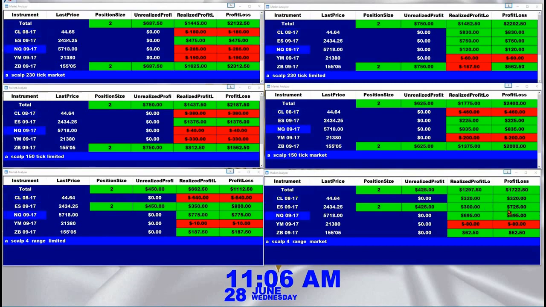But at the same time, here is your 4 range. Also, we are testing the 4 range and the 3 range. And this is the 4 range. If we notice on the ES, the difference on the 4 range between limited and market right now as we speak, they're both on a long trade with 2 contracts.